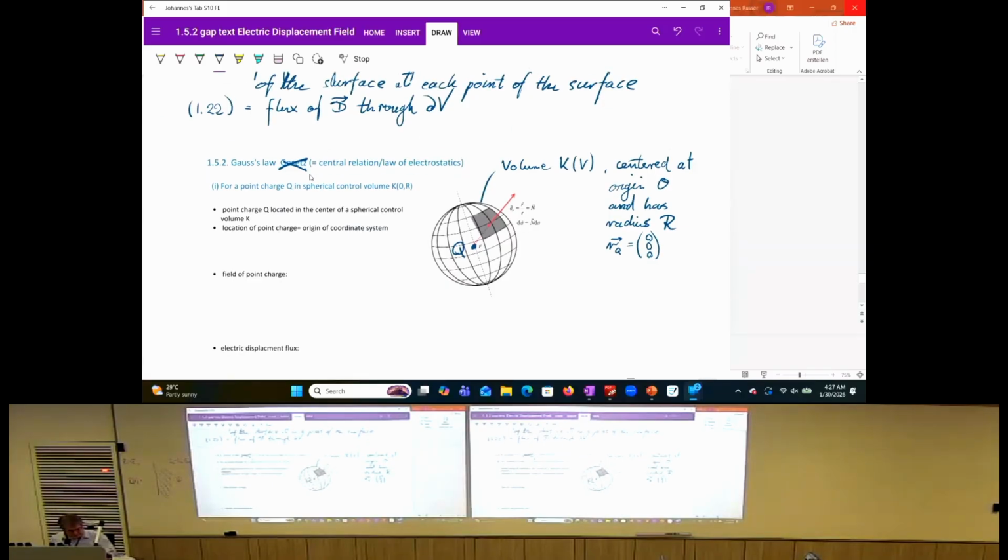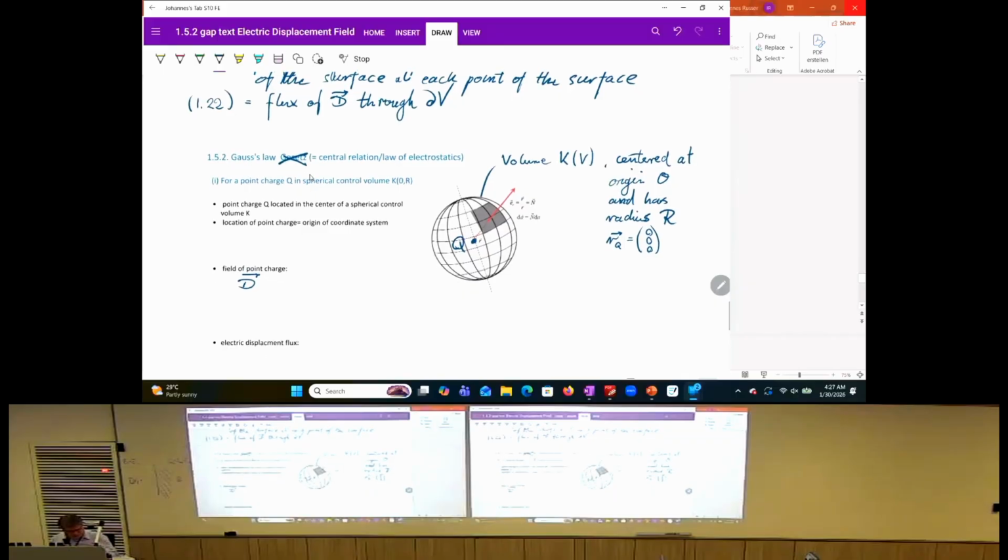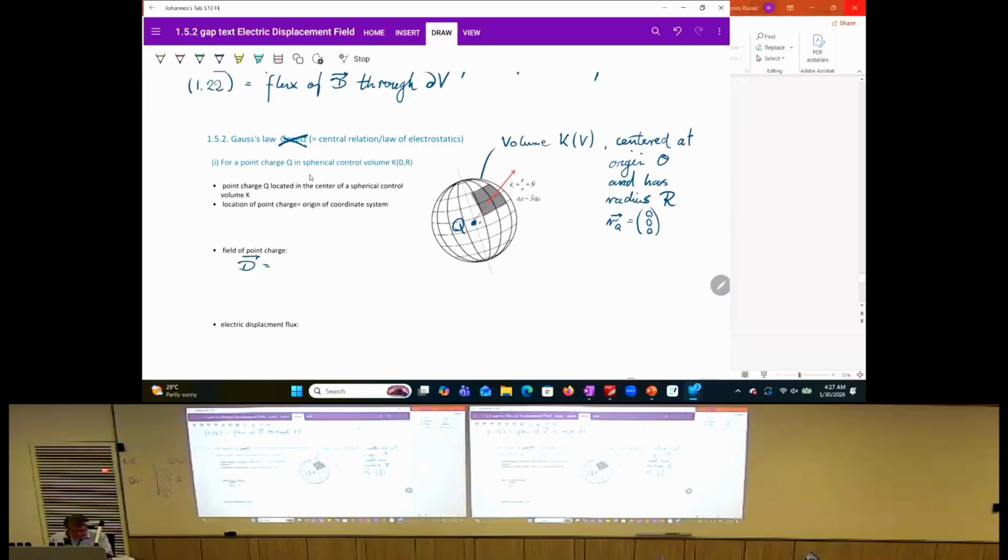And what is the field of the point charge? I'm looking for the displacement field. The field could be, of course, also the electric field or any other field, but what I want to have now is the displacement field.